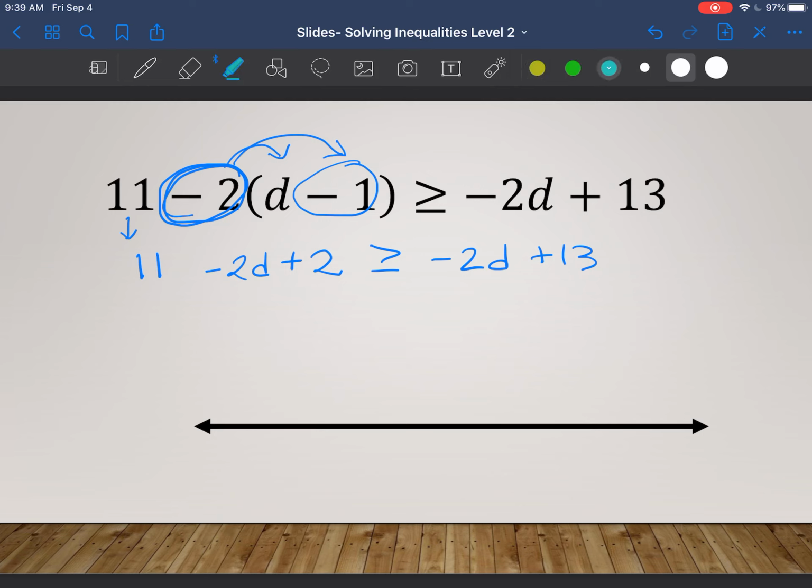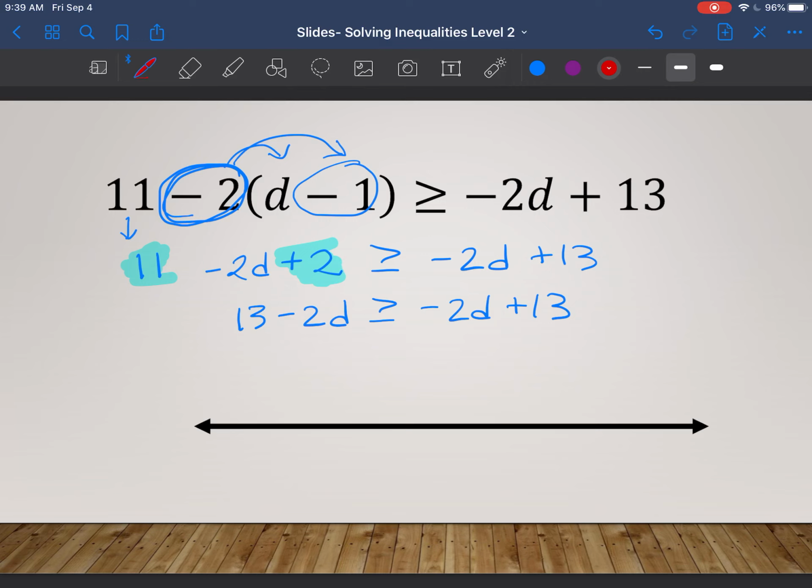And then now I have some like terms I can combine. 11 plus 2, don't change signs, we're just cleaning things up right now, is a 13. And some of you may be noticing something funny about this problem, but I'm going to keep going.